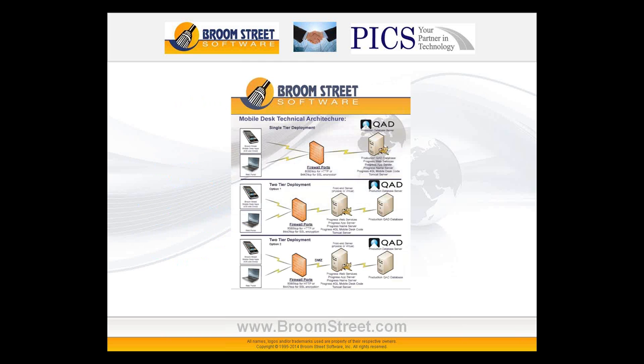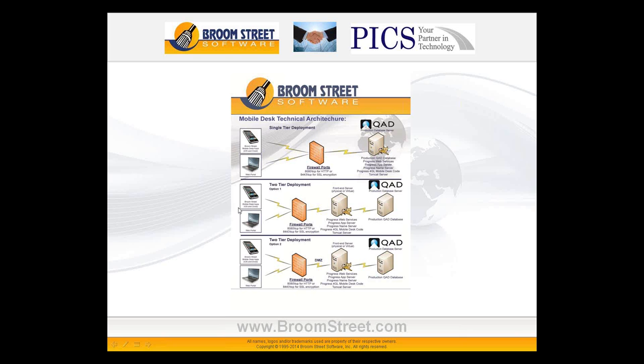I'd like to talk over the architecture from a technical standpoint. I'll go over this pretty briefly, and if you have more questions after the webinar, please don't hesitate to contact us. But basically, you can run in 3 different options. You can go with a single-tier deployment where you're taking your mobile device or computer and going directly through the firewall to your Acuity server.